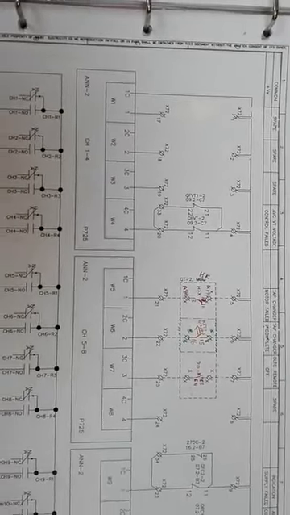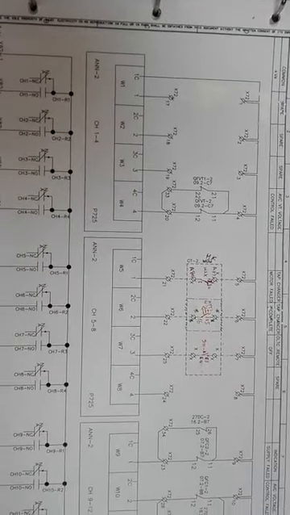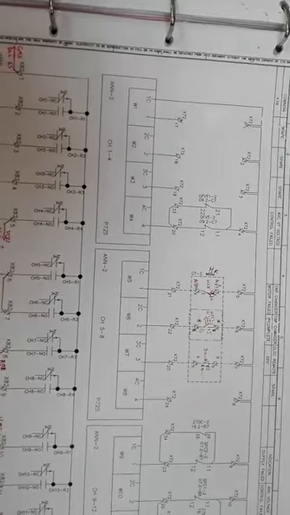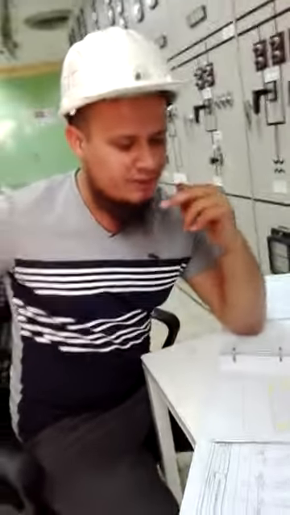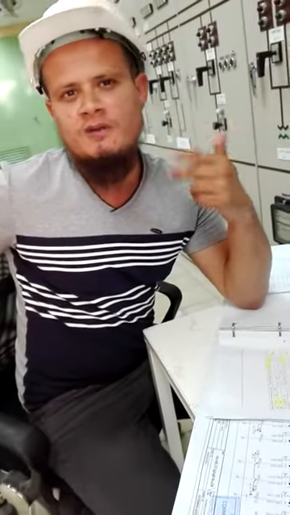For example, if your required DC is 24 volts and you apply 127, 120, 110 or 200 DC, it's obvious that it will affect your equipment. You have to be careful, and if you are careless about this, your equipment will be damaged and you will have to replace it.